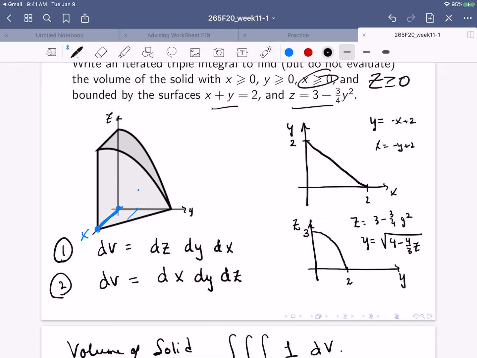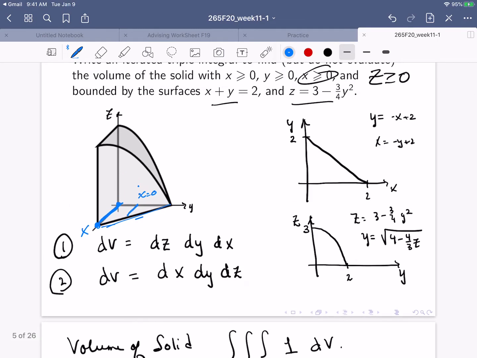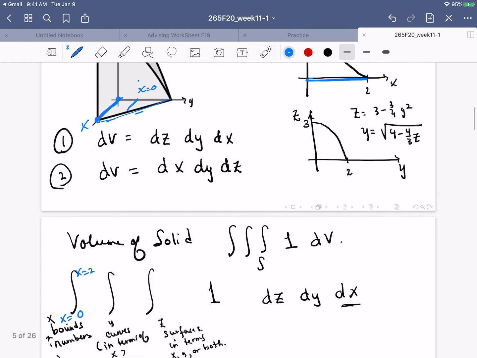If I'm on the yz plane, then x is equal to 0. And then it moves up and it's going to stop where that line segment is. Well, that line segment is y equals negative x plus 2. But I'm thinking of that as being numbers. So if I think about x, x is going to be between 0 and 2. It can't get any bigger than 2. Okay.